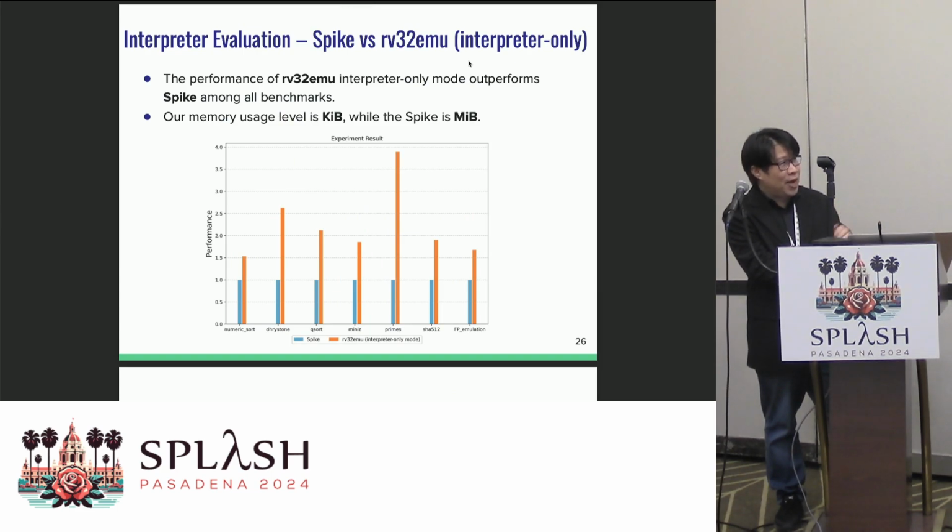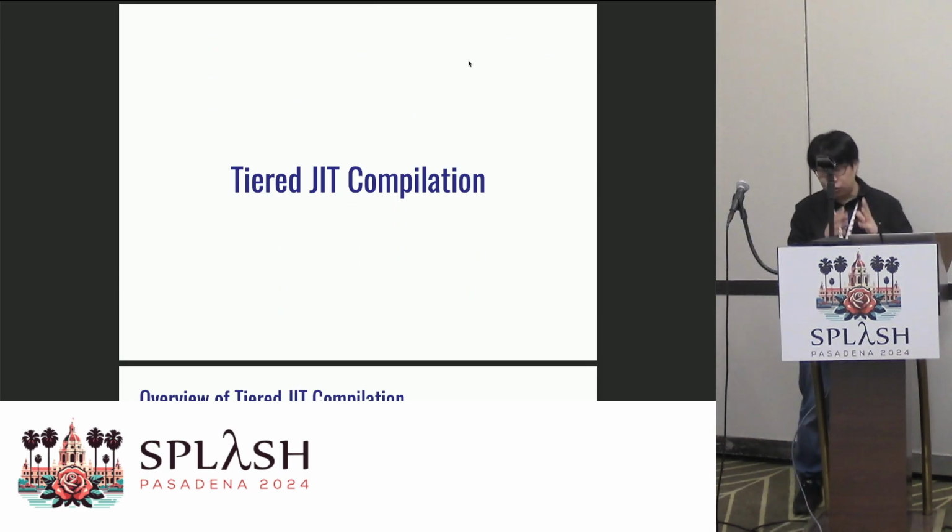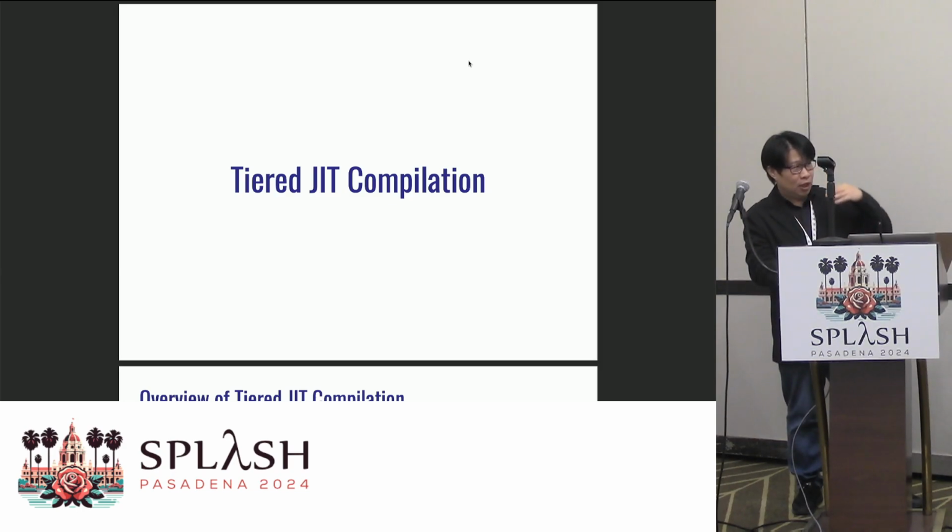And compared to Spike, our implementation of the interpreter could be much faster. And the next stage is we want to introduce the aggressive strategy to isolate the JIT compilation.